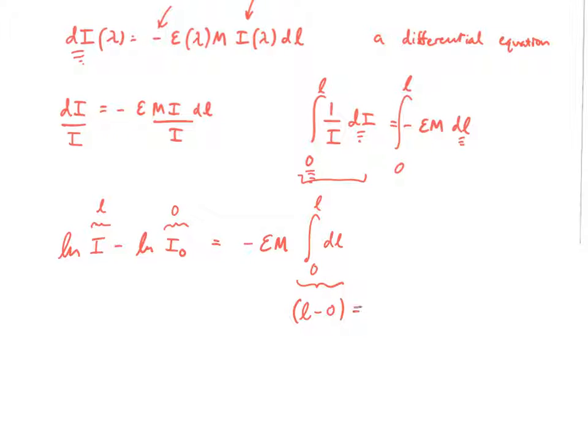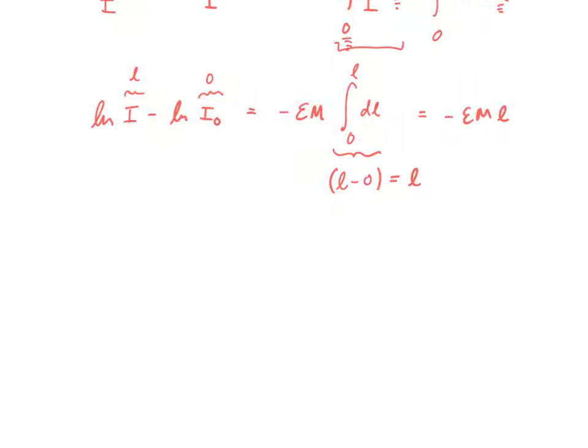Obviously, anything minus 0 just equals that thing. So this becomes negative epsilon m L. And then when we're all done, we get log intensity minus log incident intensity equals negative epsilon m L.